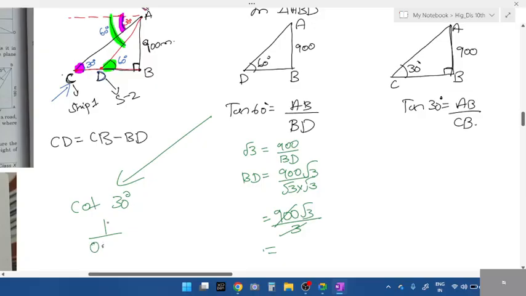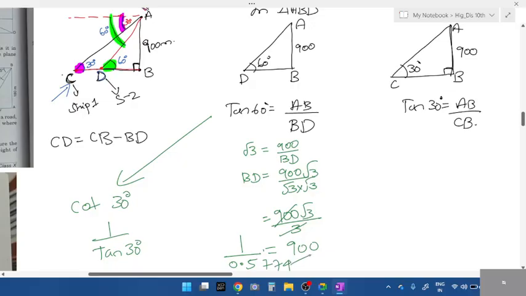There is no value for cot 30. Is it given in your textbook? Okay, 1 by tan 30. What is 1 by tan 30? Why are you using the table for this? Why can't you directly write root 3? Okay, fine. What did you get for 1 by tan 30? 0.5 what? 7?